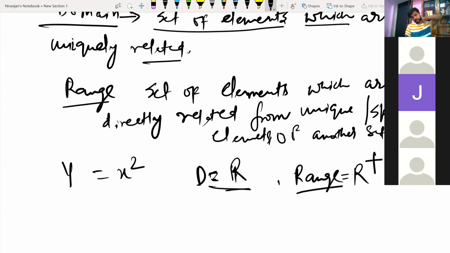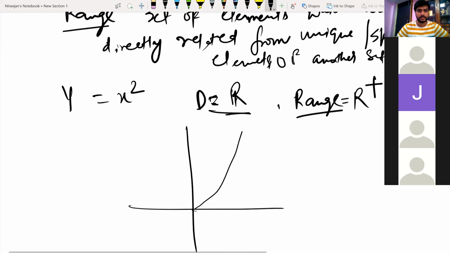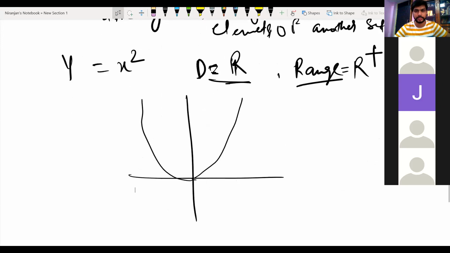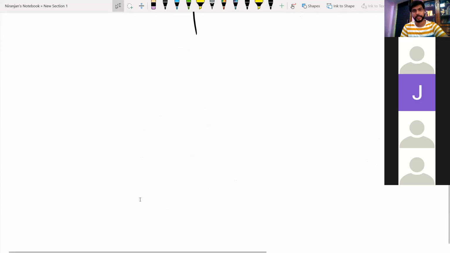Does it include 0 or not? It does include 0. Good. And you can see the graph. This is the graph that you get. It's simple. Now, the question is, what should be the method to find the domain and range?